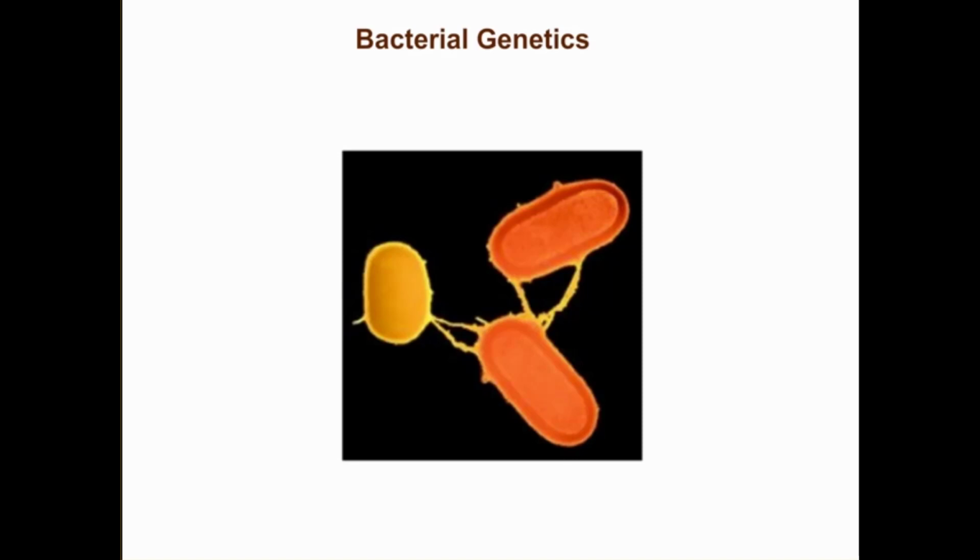HFR, high-frequency recombination strains, undergo recombination at a high rate due to integration of the F factor into the chromosome of an F+ cell. They are particularly useful for determining the arrangement of genes on the bacterial chromosomes. HFR strains can revert to F+ strains if the F factor is excised from the chromosome.